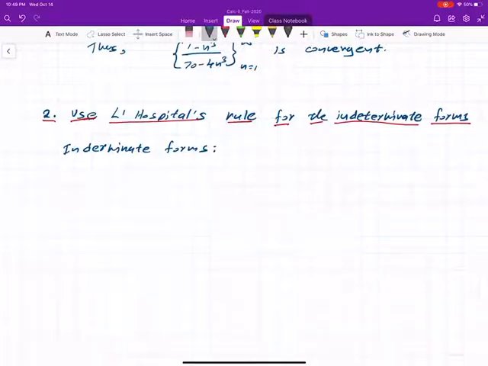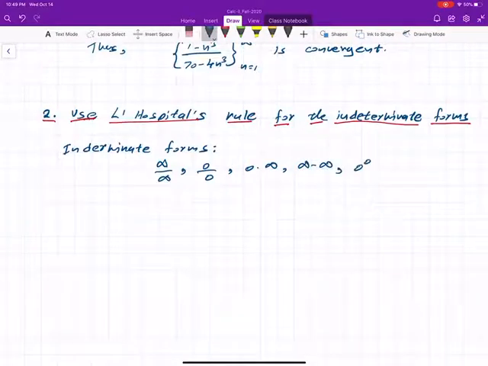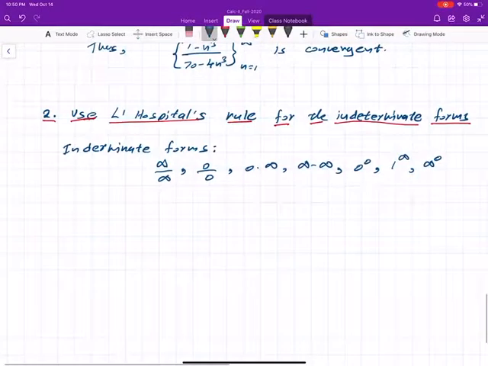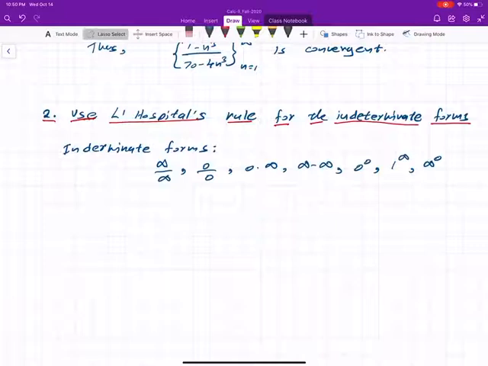If you have something like infinity over infinity, that is indeterminate. 0 over 0 is indeterminate. 0 times infinity is indeterminate. Infinity minus infinity is indeterminate. 0 to the power 0 is indeterminate. 1 to the power infinity is indeterminate. Infinity to the power 0 is indeterminate. All these are indeterminate forms.